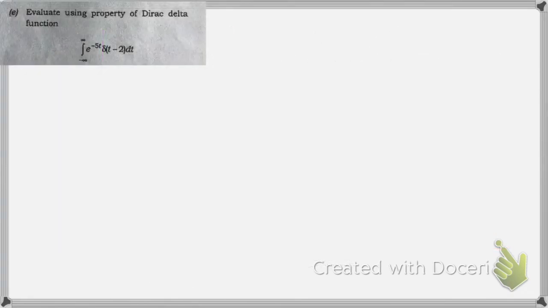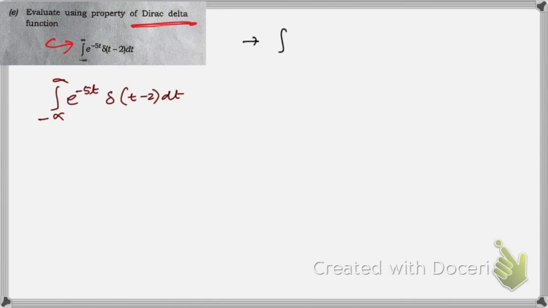Here we need to use the property of the Dirac delta function to evaluate this. What we have here is the integration from minus infinity to plus infinity of e to the power minus 5t times delta of t minus 2 dt. If you compare this with the property, the integral from minus infinity to plus infinity of f of t times delta of t minus t naught dt is equal to f of t naught.